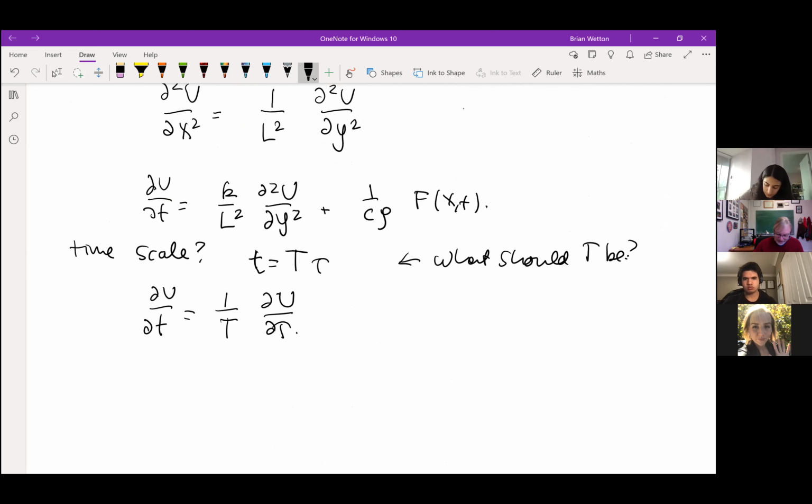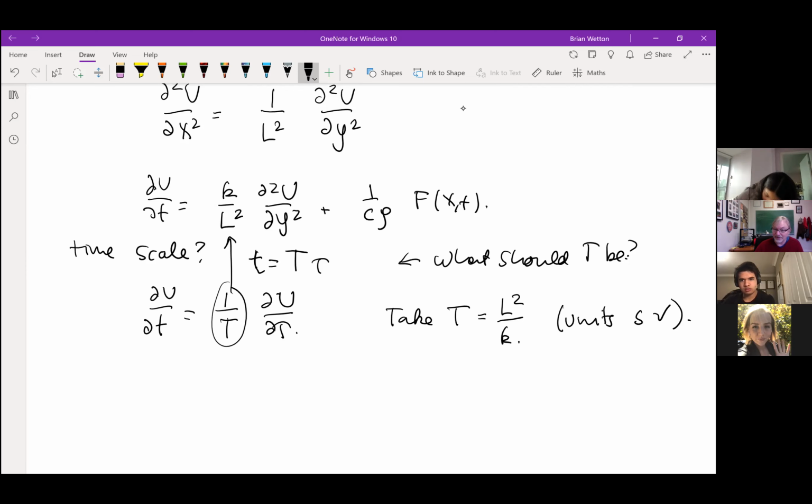And this is where you look and you go, I really should take T. If I want to really have this all in terms of dimensionless units, I'm going to take my time constant to be L squared divided by the thermal diffusivity. And we can check the units are seconds, right? So this is really a time, right?